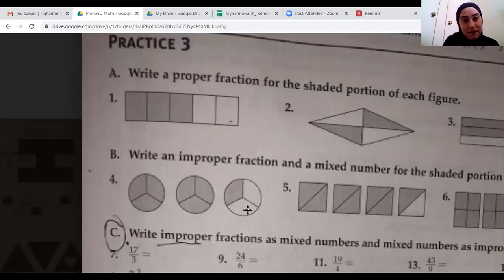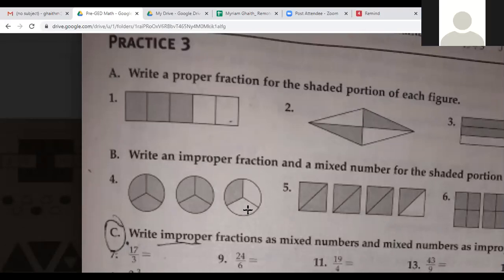Very good. 3/5. In one of the last videos that I posted, I talked about how to pronounce fractions. If there were 5 boxes and only 1 was shaded, we would say 1/5. It would end with a TH.